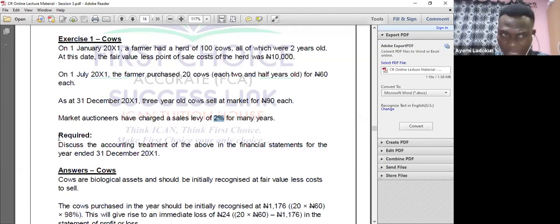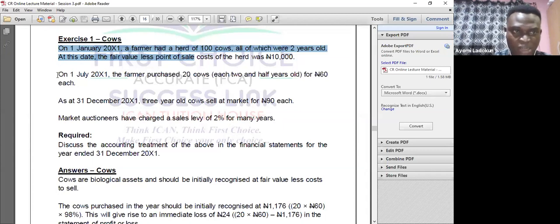But don't forget, we are not done. The examiner said, what will be the accounting treatment at the end of the year? Somebody might be thinking, we have not done anything here. I explained earlier that we have already been given the fair value less cost, so we don't bother. This is more or less like the opening balance that we're just given.